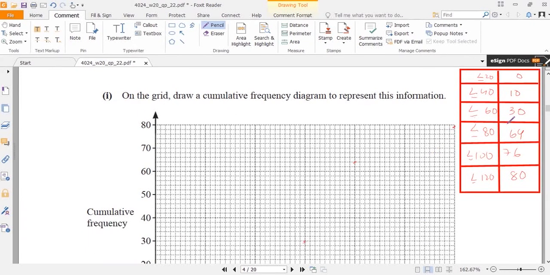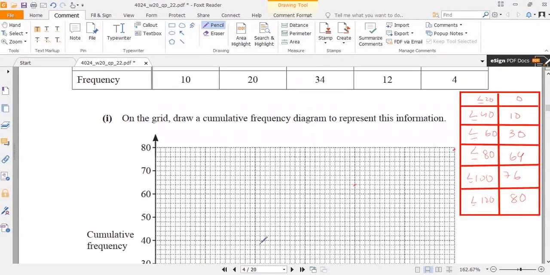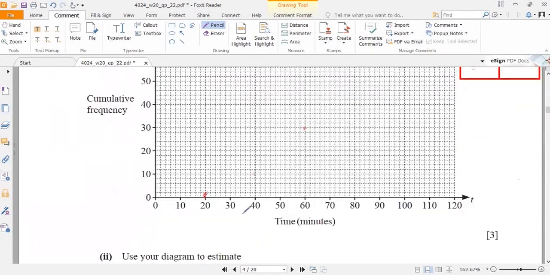So 0, 20, we have here. The next point is 40 and 10, we have here. The next point is 60, and the value of this is 30, it will be over here.